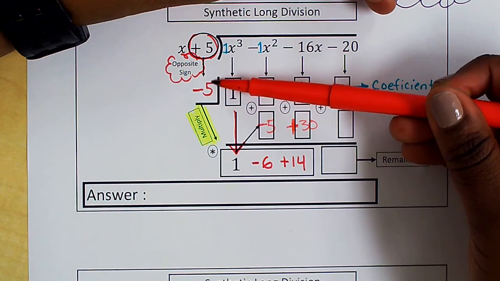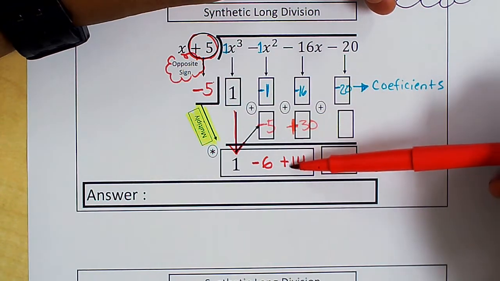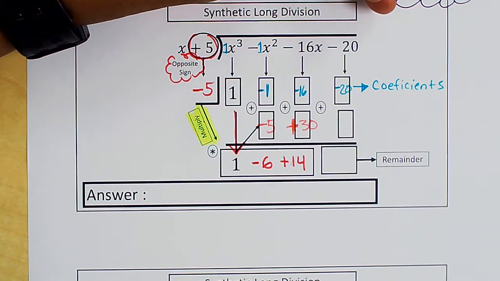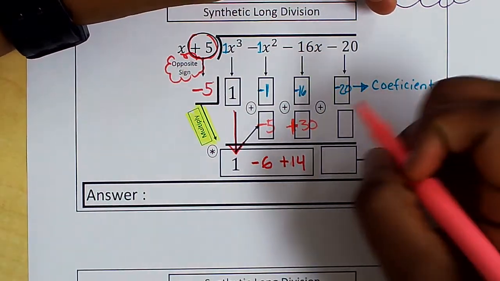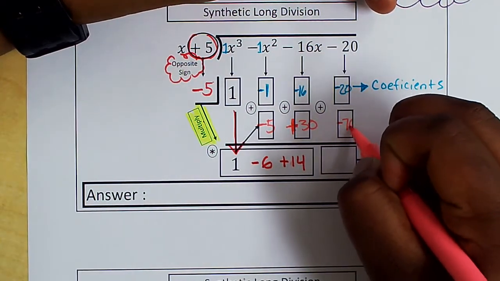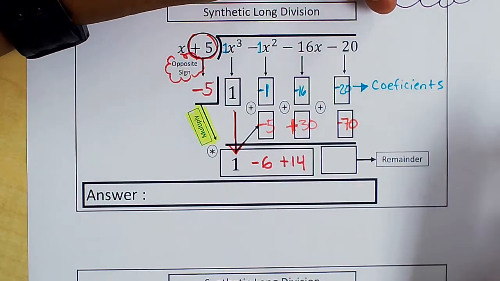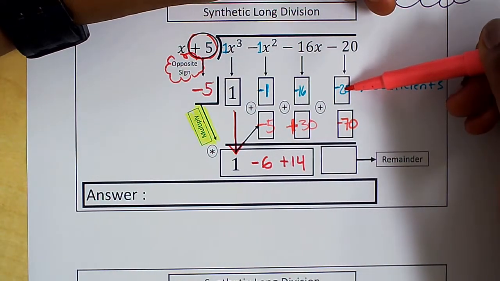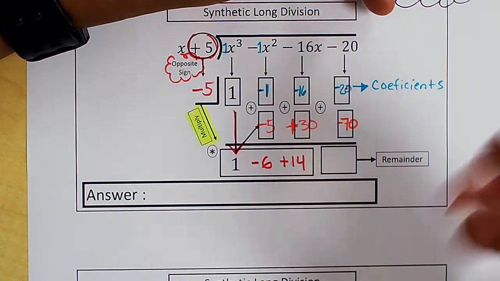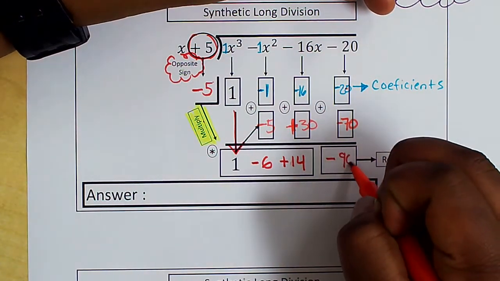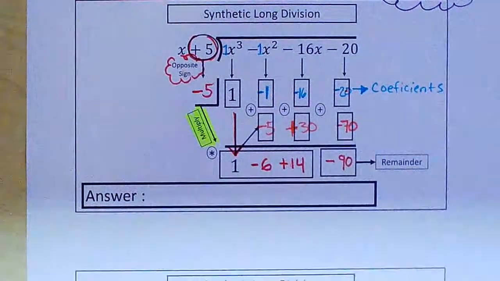Then we're going to do it again. -5 times +14. If I use my calculator, that's going to give me -70. And I'm going to add -20. -20 plus -70 is -90.